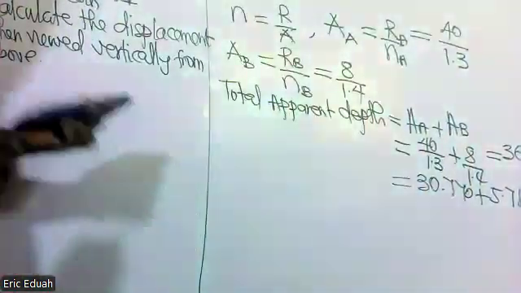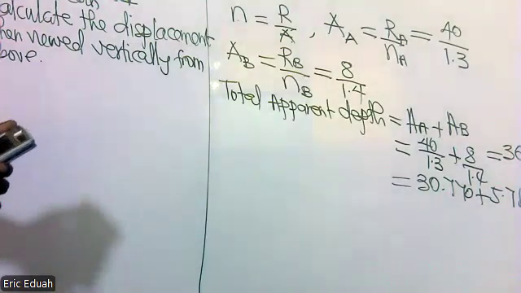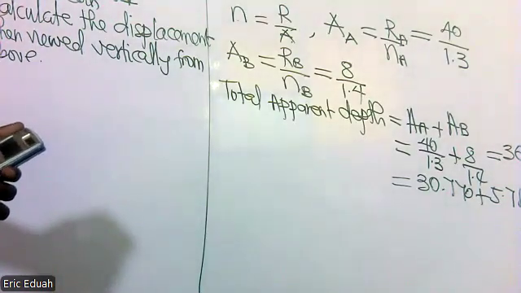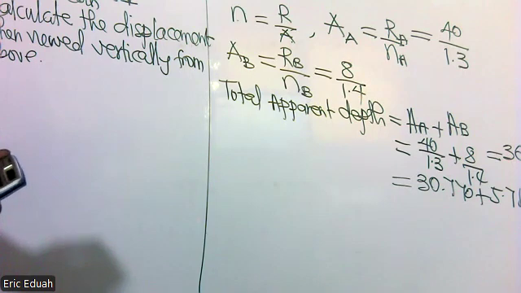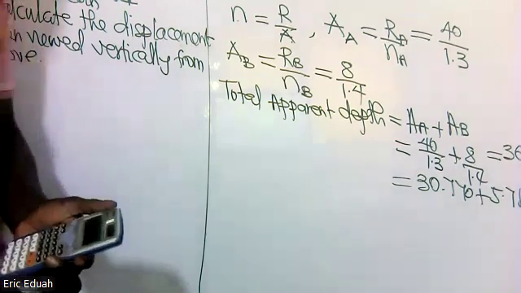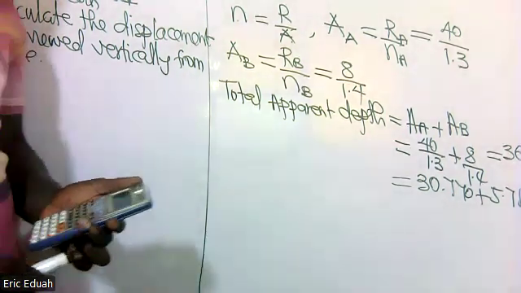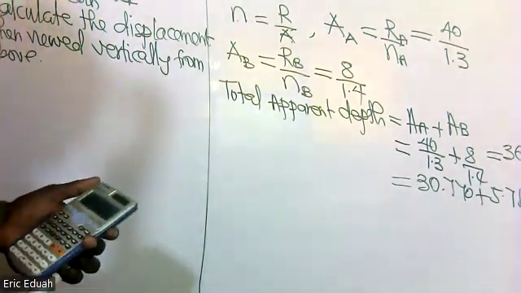When we sum the two up, 30.770 plus 5.714, we have 36.48 approximately.